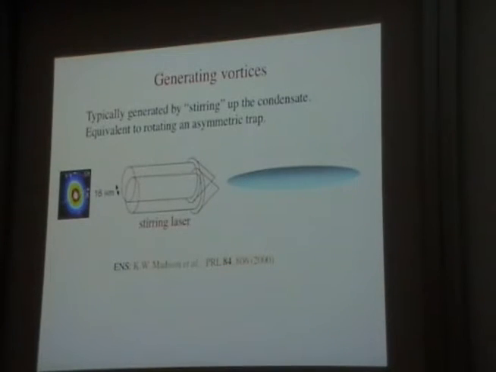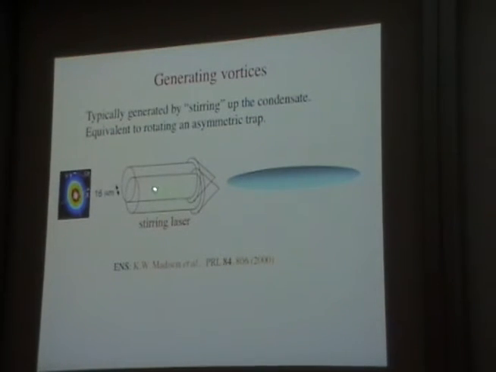So how do people actually generate vortices in Bose-Einstein condensates? Typically, the easiest way to do this is to stir up the condensate. There are a number of different techniques. You can even transfer orbital angular momentum of light to the atoms to generate a vortex. But probably the most popular way is to take your atoms in your trap, distort your trap somehow, and then rotate the trap around.